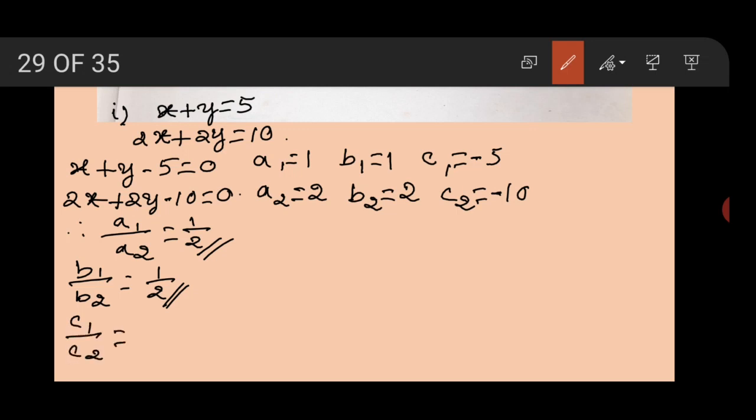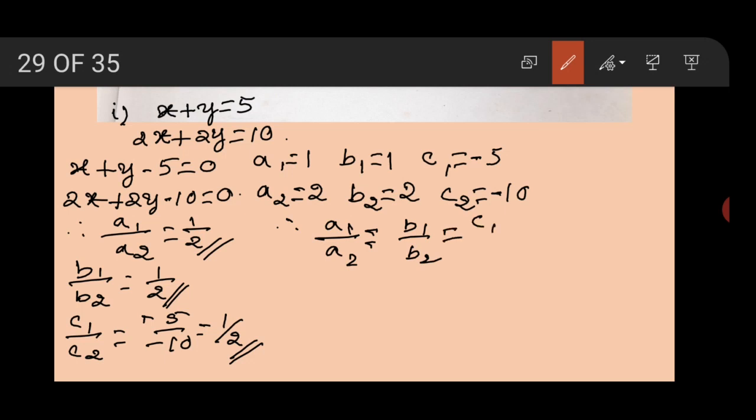This is equal to minus 5 divided by minus 10. Again minus divided by minus becomes a plus. Here all three ratios a1 by a2, b1 by b2 and c1 by c2 are equal, right?